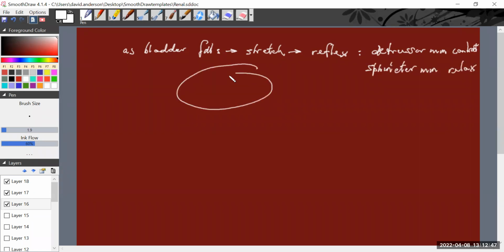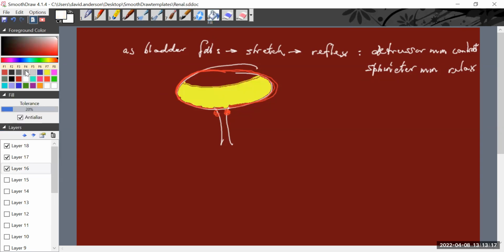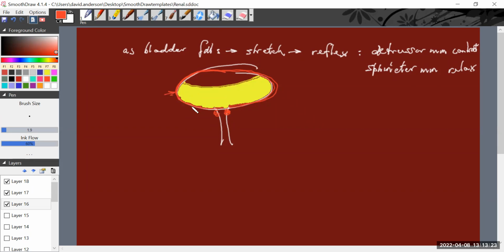So if we have a bladder with a sphincter muscle and a layer of muscle, it's actually got several layers of muscle that make up this detrusor. So the detrusor, we've got a stretch now because we're filled with urine. So we're going to constrict this muscle, which is going to squeeze the contents through the urethra.